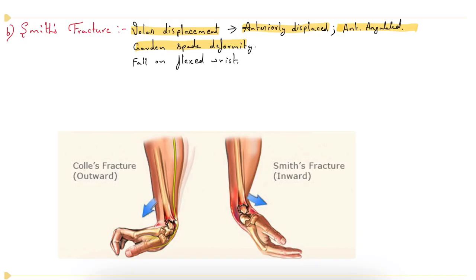Mostly we see this fracture in younger individuals due to high energy trauma or a fall on a flexed wrist. If flexed wrist, we can think Smith fracture. If outstretched hand, Colles fracture. This is very important for your exams like NEET PG, FMGE and this type of exams.